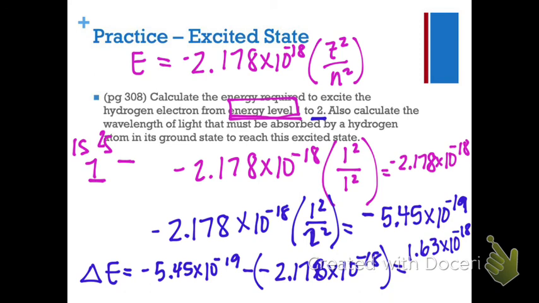What we had there is a positive 1.63 times 10 to the negative 18th, and its energy should be measured in joules.